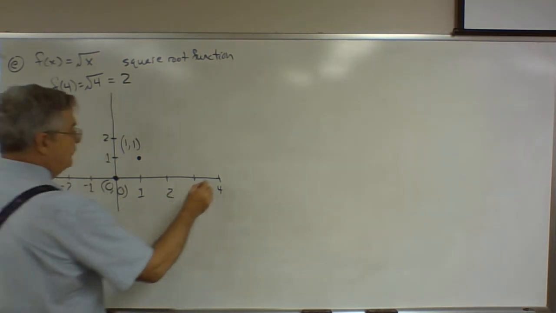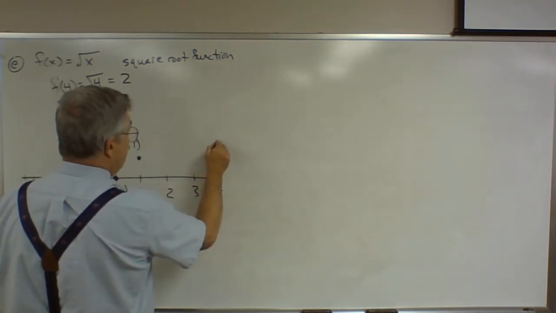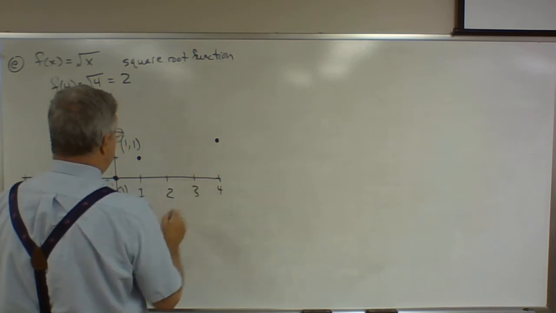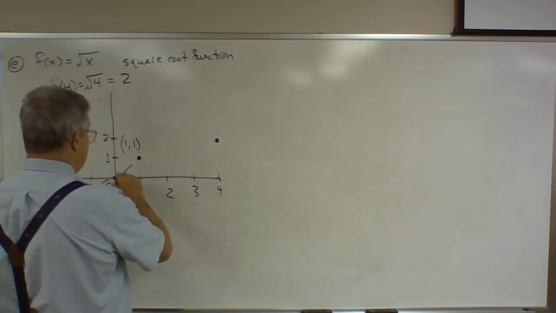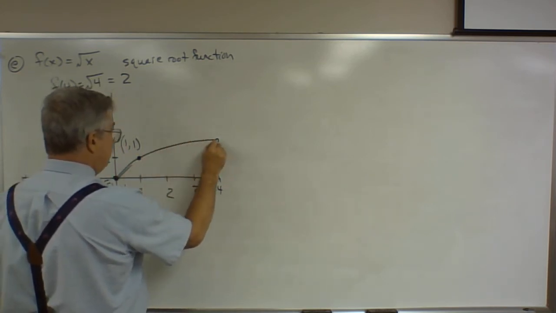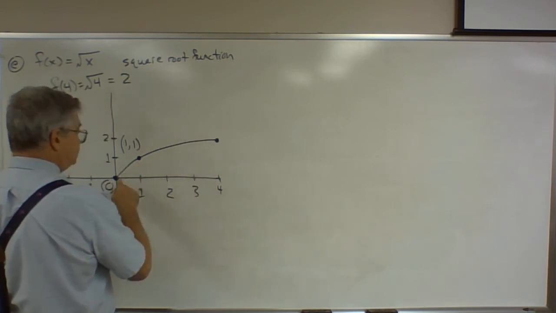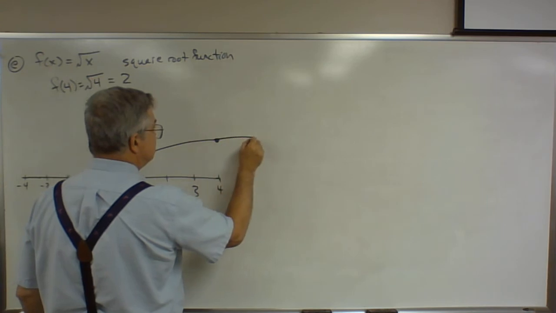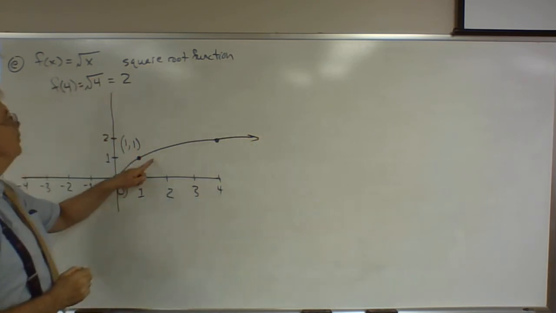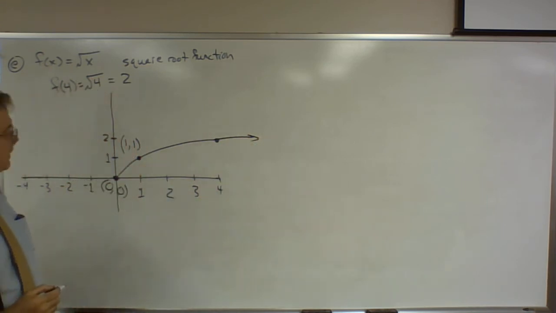So when x is 4, y is 2, and bravo, I have my graph. And this is what the square root function looks like.